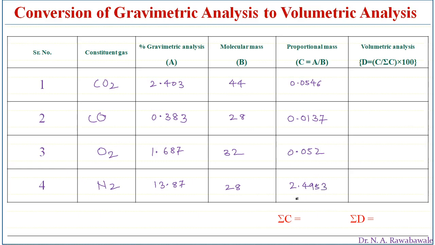Adding all of this, we get 0.0546 plus 0.0137 plus 0.052 plus 2.4953. So the summation will be 2.6156.